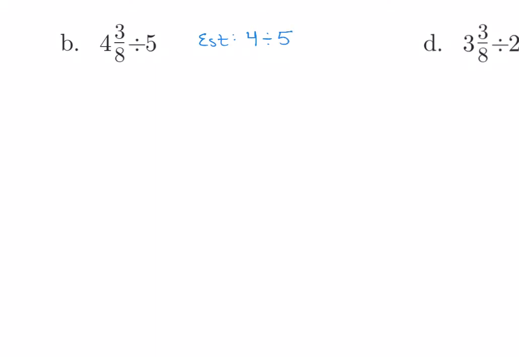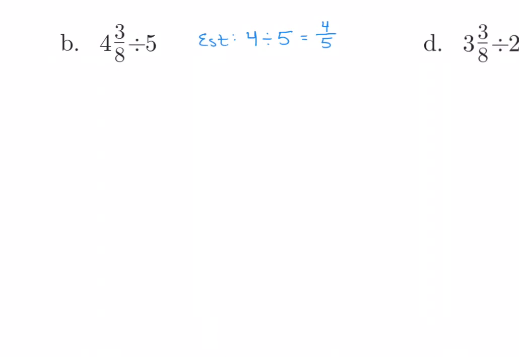Now what do I do with 4 divided by 5? It doesn't divide. But what we can do is, instead of writing it as a division problem horizontally, we can write this as a fraction. 4 divided by 5 is the same thing as 4 over 5. That will be our estimate.